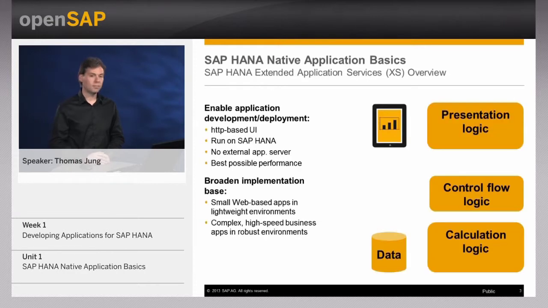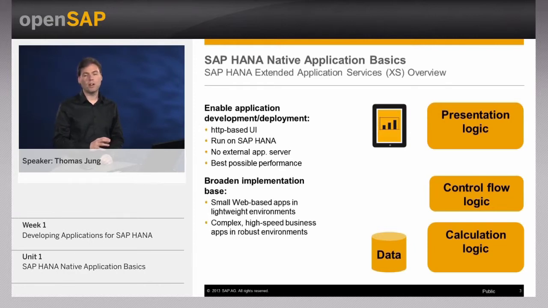Now, when we say SAP HANA native applications, we're really talking about those applications that are built completely to run inside of HANA. And we're able to do that, unlike with a traditional database, because we've built an application server into HANA itself.